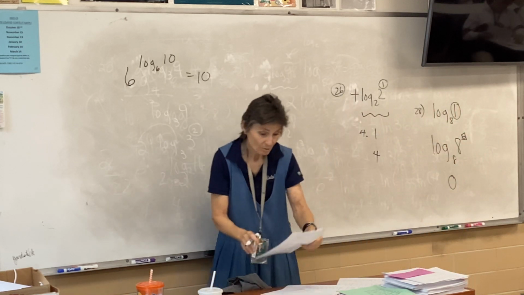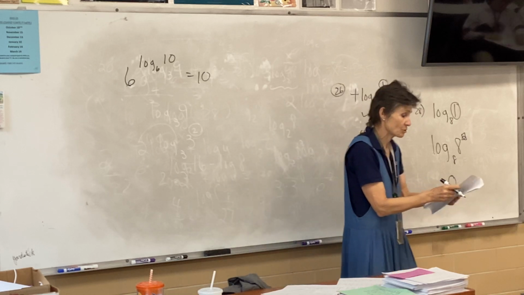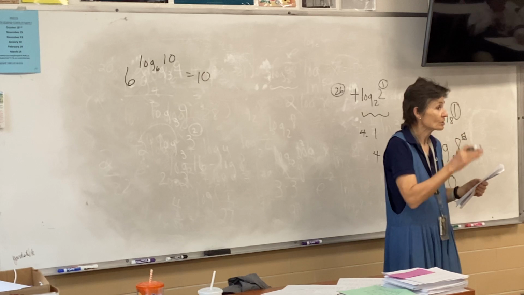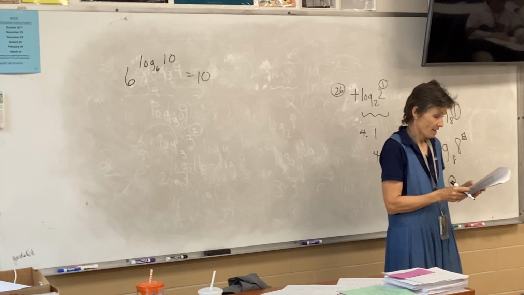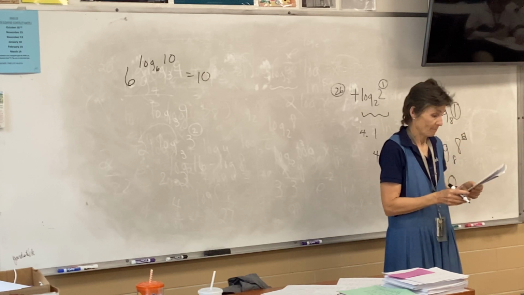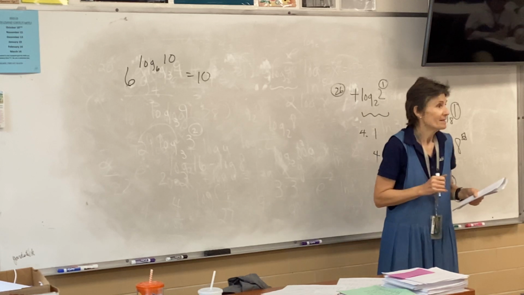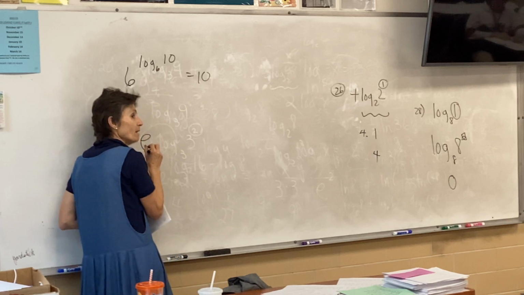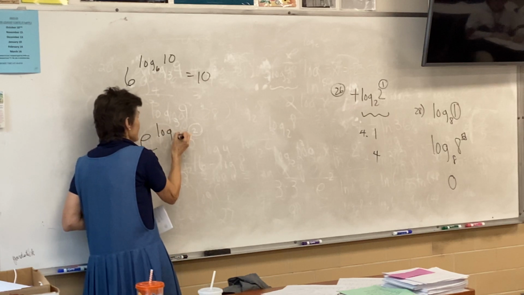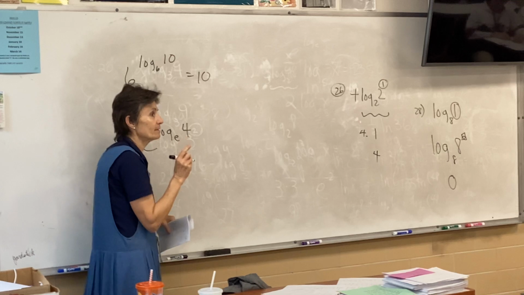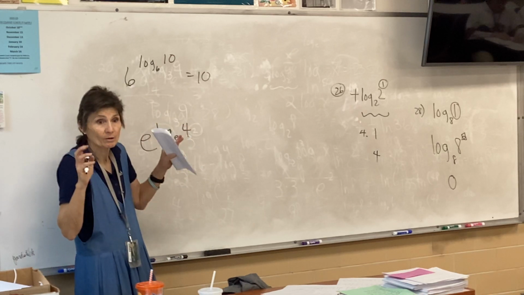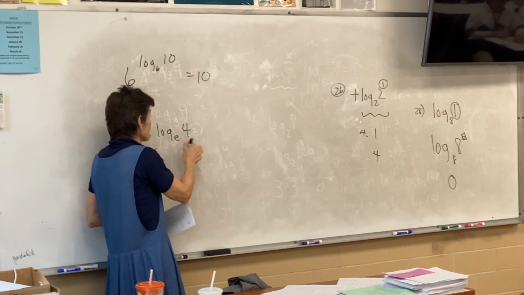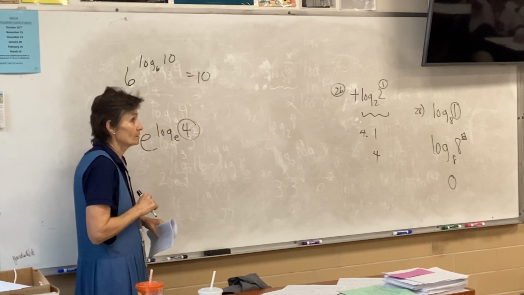So, what do you think the answer to 19 is going to be? 2. Because the 8's match, so it's 2. What about 22? It's gonna be 4, and that one, you need to remember that ln is log base e, right? ln is an abbreviation or a symbol for log base e. So we got both e's, so the answer is 4.